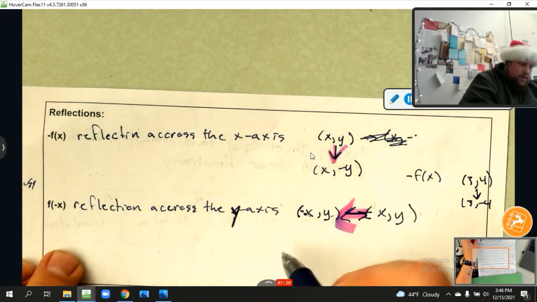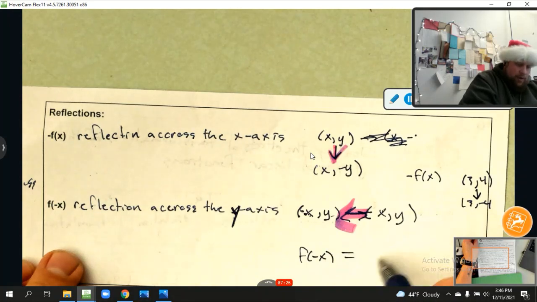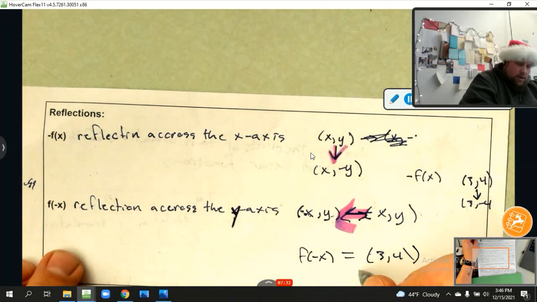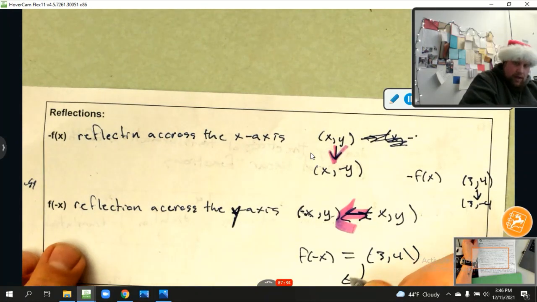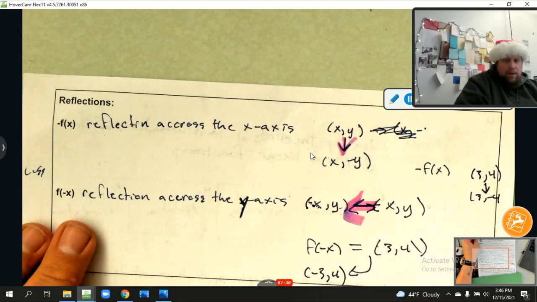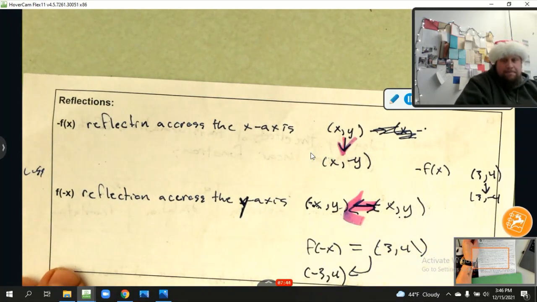On the other hand, if I say I'm going to do an f of negative x reflection on the point 3, 4, well, what's it going to do? It's actually going to scoot to the left to the point negative 3, 4, because it goes from x, y to negative x, y. Okay?